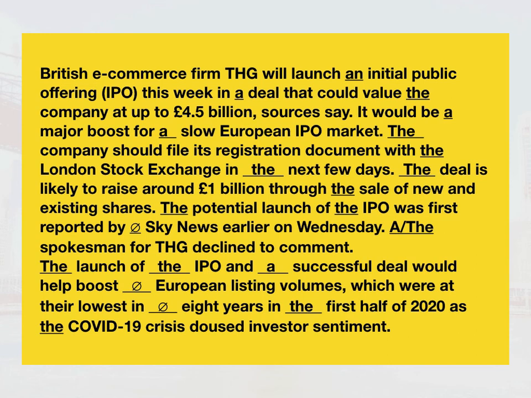The company should file its registration document with the London Stock Exchange in the next few days. The deal is likely to raise around £1 billion through the sale of new and existing shares. The potential launch of the IPO was first reported by Sky News earlier on Wednesday.